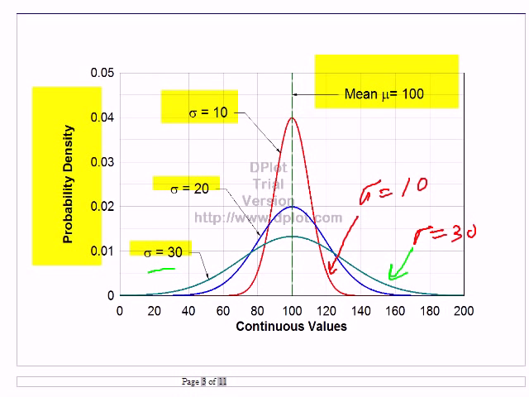Because there's more area out here, the peak has to come down so that the total area under the curve, and it's tempting to write it using an integral, is 1. That's why the peak comes down. So the height changes, not because the mean changes. The mean is only the location, and this is a probability density.